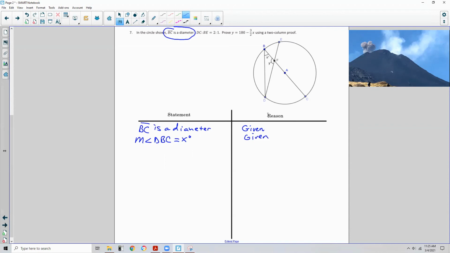Okay, now I'm going to say the measure of arc DC, and I'll label it as I go. The measure of arc DC equals 2X. Okay, why is that? Because, how do I word that?